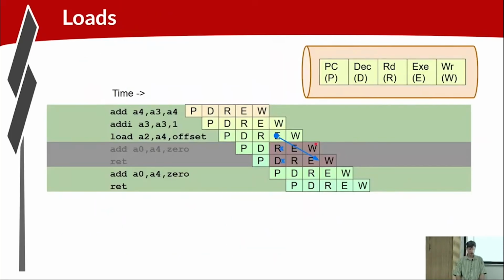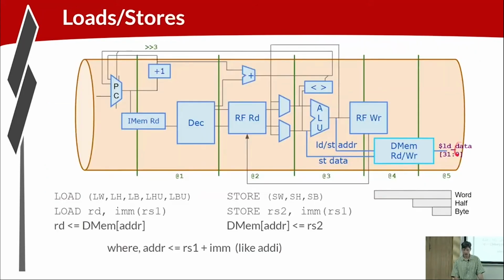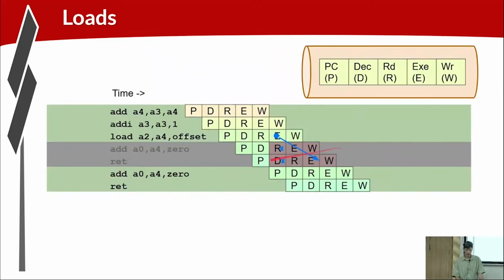So the lab to do that, well, before we get to the lab, so just looking at this in our waterfall diagram, right? We have a load. The load data is going to come back in stage 5. So that's this path here, right? So the load is determining the inputs to the memory in the execute stage from the ALU, and we get the data back here.